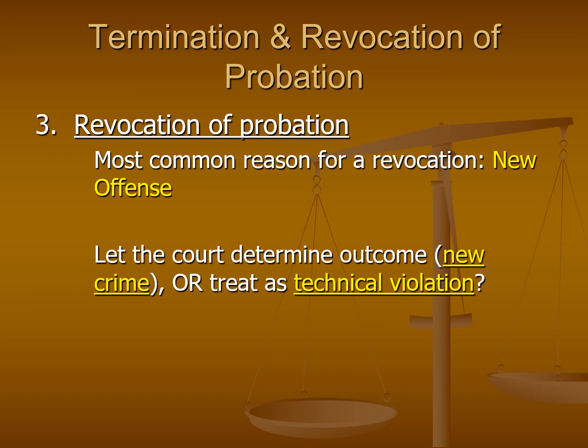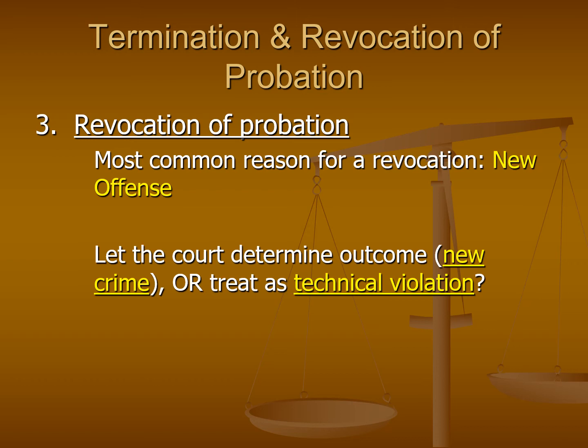But here's where it gets a little sticky. And this is what I'd like you to pay close attention to, where we're going here. Just because somebody has been suspected of a new offense. So you notice I said suspected of committing a new offense.